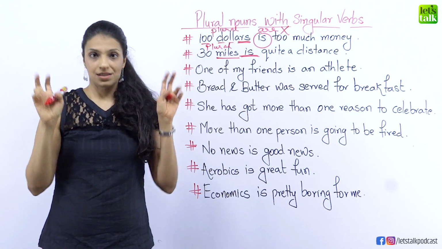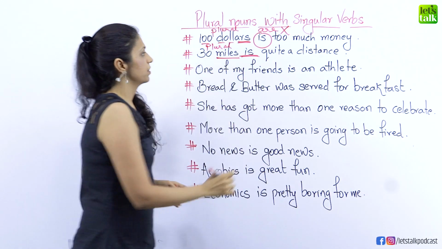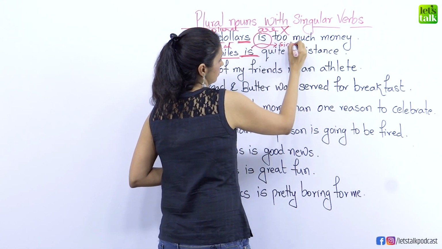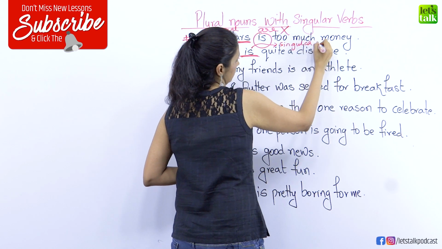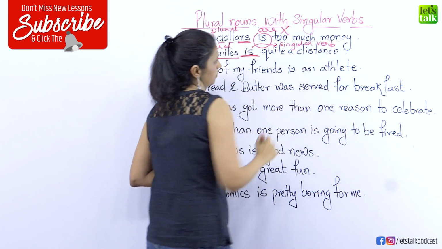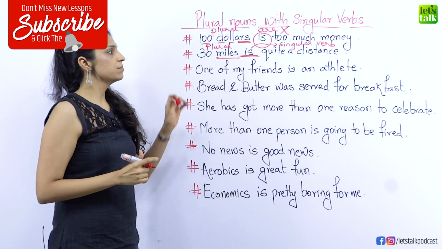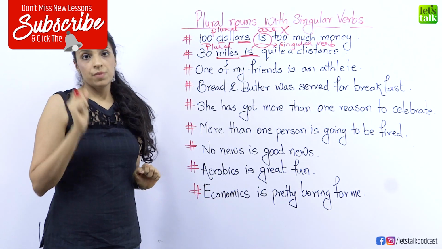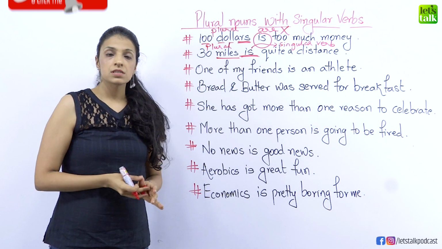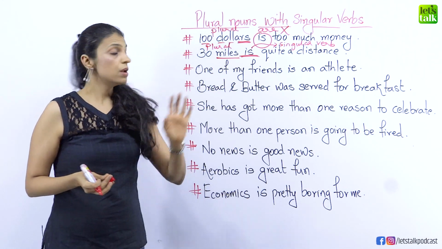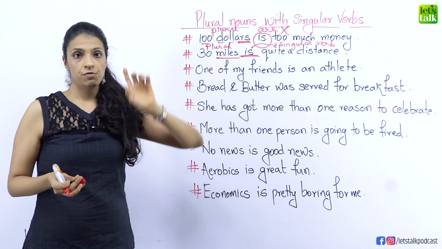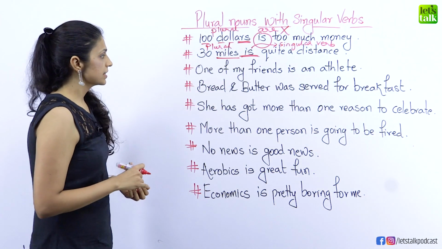Is a singular verb. Okay, so we have 30 miles is quite a distance. Remember, fixed amounts and quantities, even though they are in plural, always followed by a singular verb. Fine, let's move on to our next example.